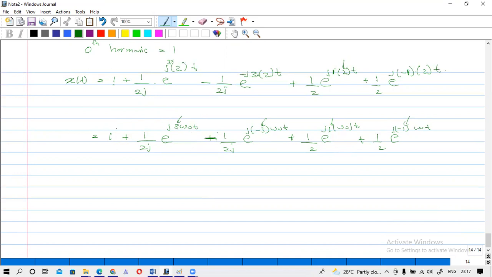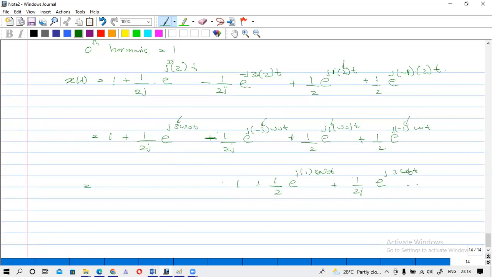And here k is 0, that means the DC component. So I can write this as 1, plus half e to the power j 1 omega naught t, plus 1 by 2j e to the power j 3 omega naught t, and so on.